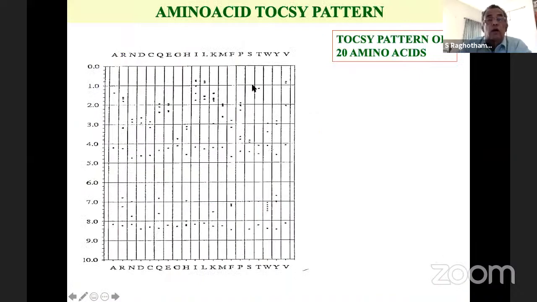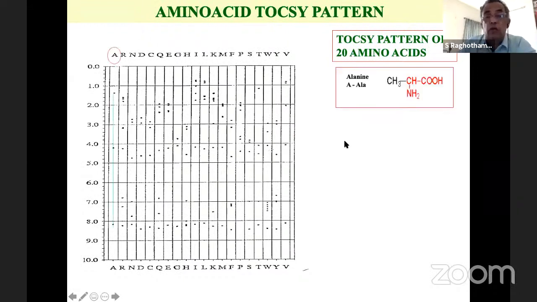Now, all 20 amino acids, the patterns, I have put in this cartoon taken from some textbook. So each one has a unique pattern. That's how it helps in automation and also in our manual assignment. I'll simply pick up 4 or 5 to represent this pattern. So this is the NH. These chemical shifts are unique to these residues, but there could be small perturbations, but the pattern remains the same.